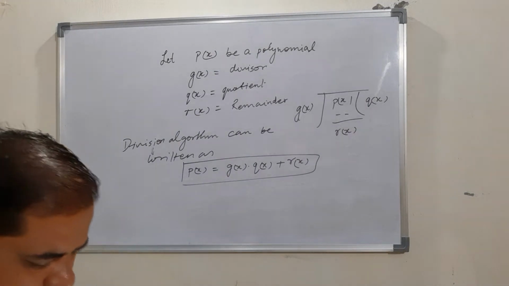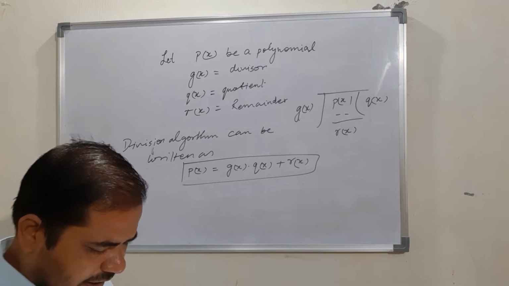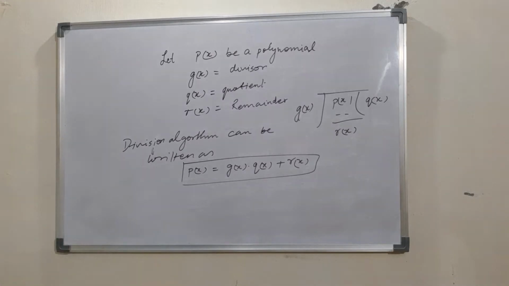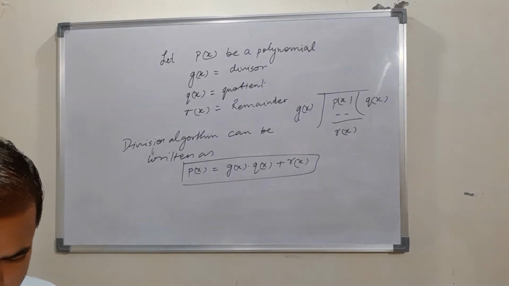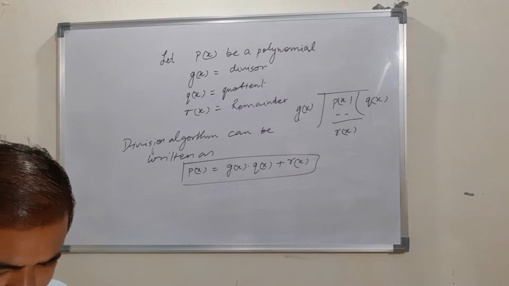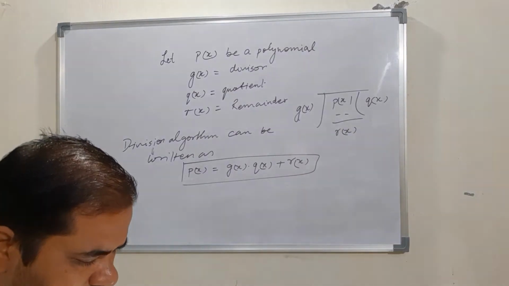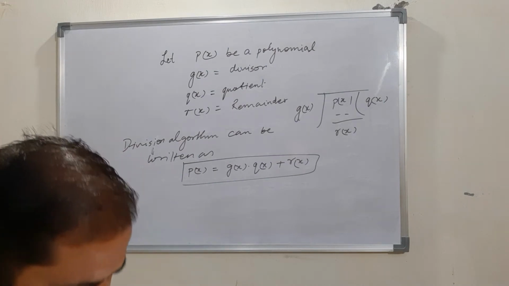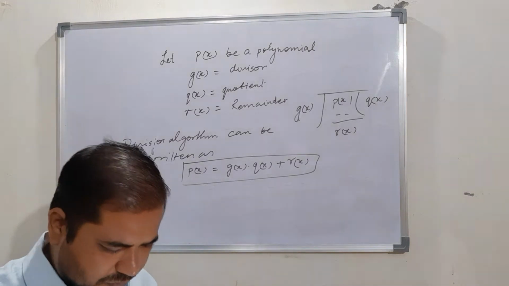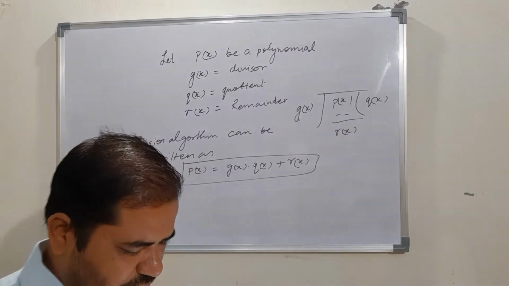Divide the polynomial 3x square minus x cube minus 3x plus 5 by x minus 1 minus x square.